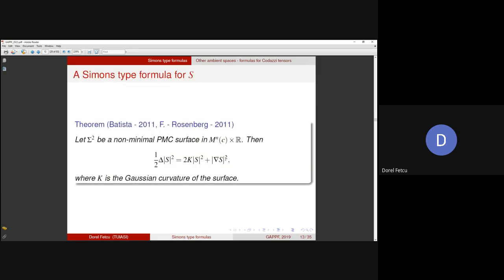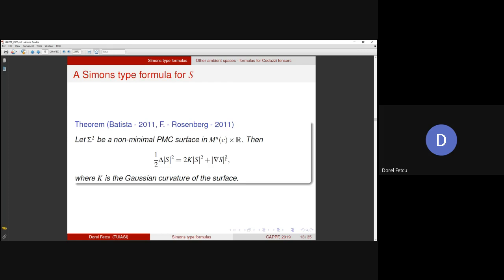So using these two properties, Batista and then Rosenberg and myself obtained this nice formula, this nice Simons type formula for non-minimal PMC surfaces in product spaces.